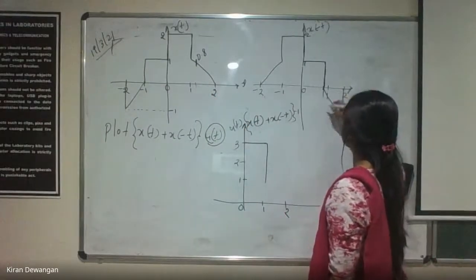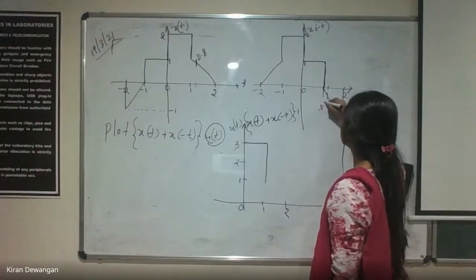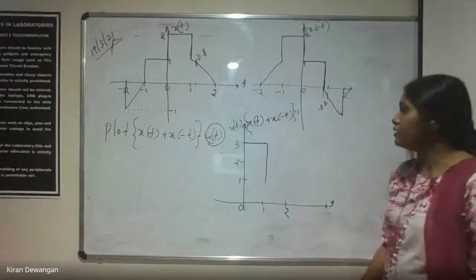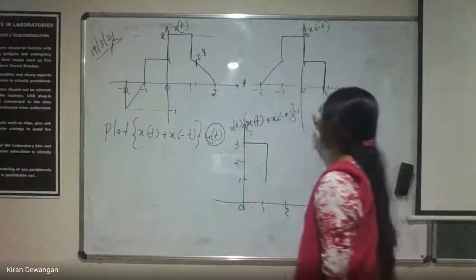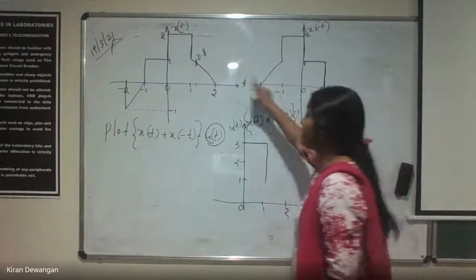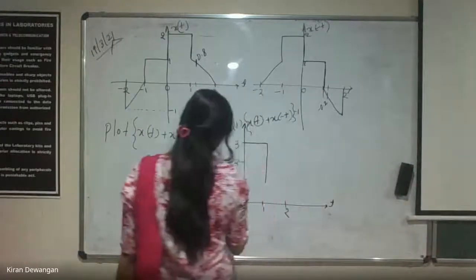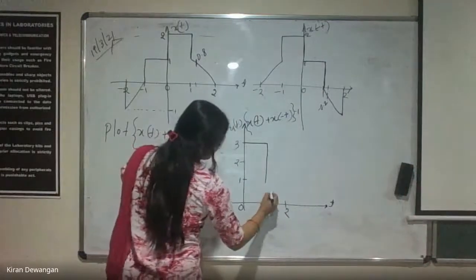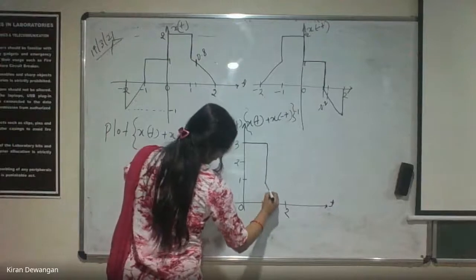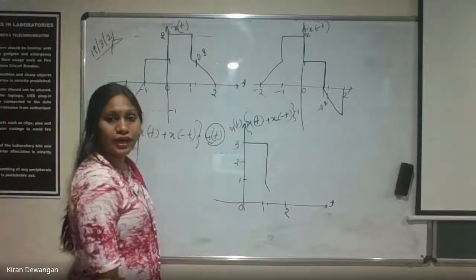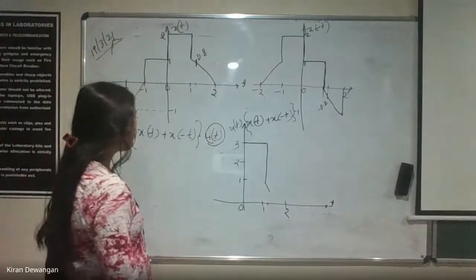At this point, the value is minus 0.2. Clear? So what if we are adding these two values? 0.8 plus minus 0.2, this value will be 0.6. मतलब ये ज़्यादा drop हो रहा है. ठीक है? 0.8 minus 0.2 will be 0.6.